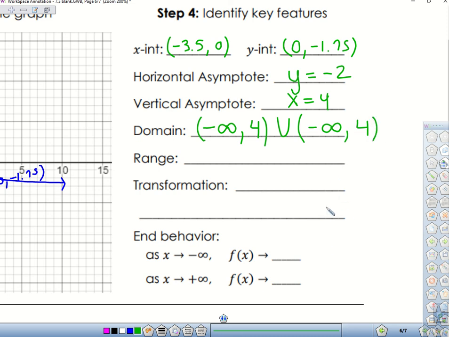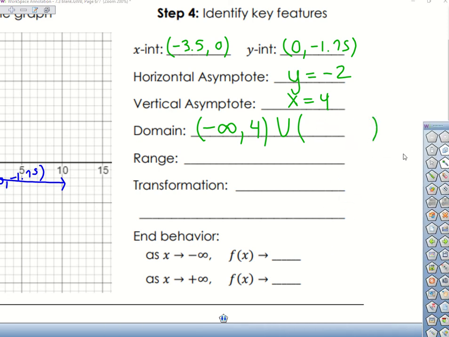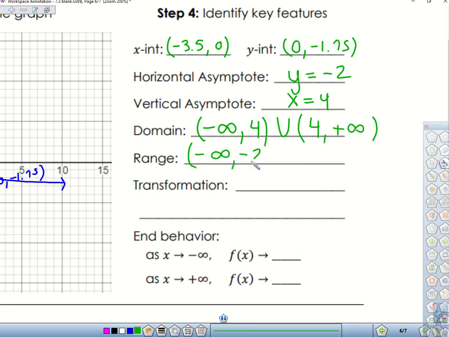I keep writing it backwards, sorry. And then your range is going to be negative infinity, negative 2, union, negative 2, positive infinity. So you just follow the formula, which says you take this, but you plug in h and k.